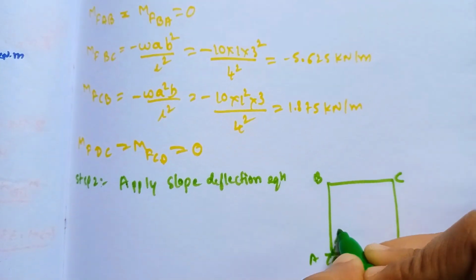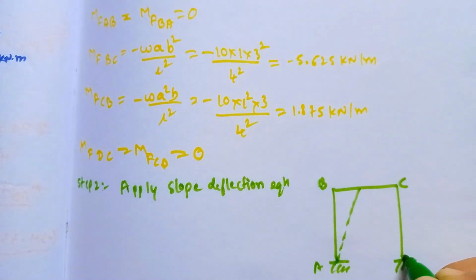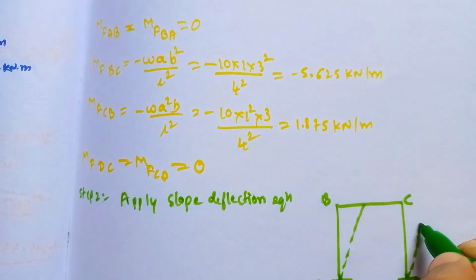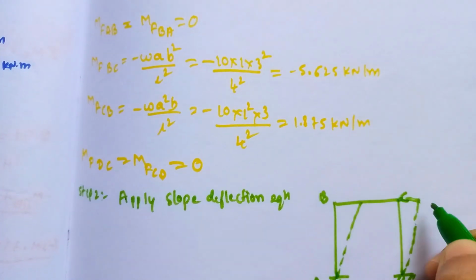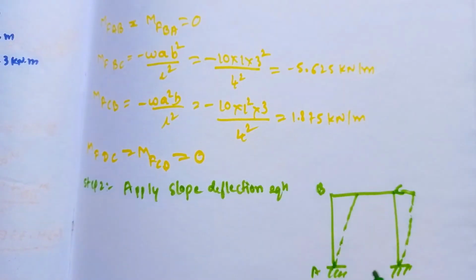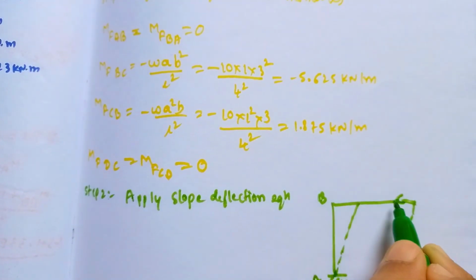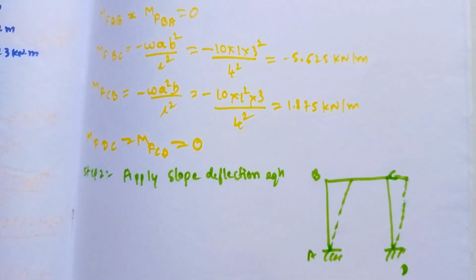Vertical members deflect like this. The deflection will be there at the vertical members. Deflection is not there for the horizontal member BC.